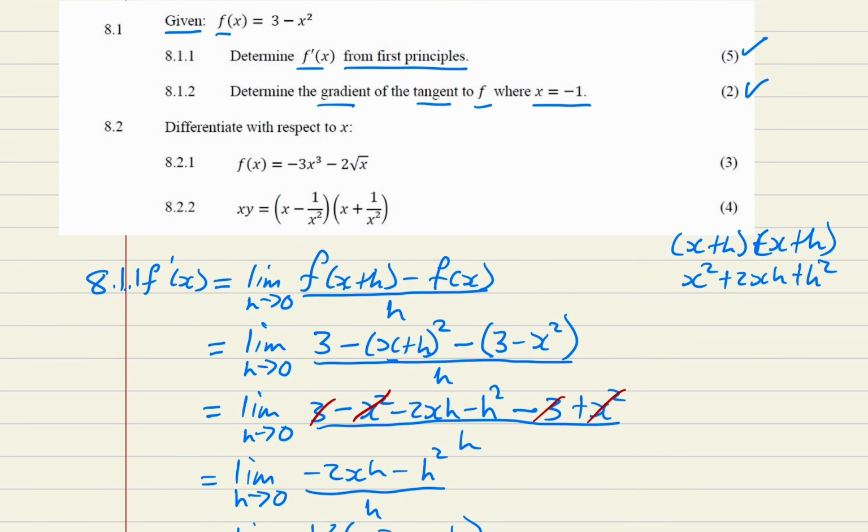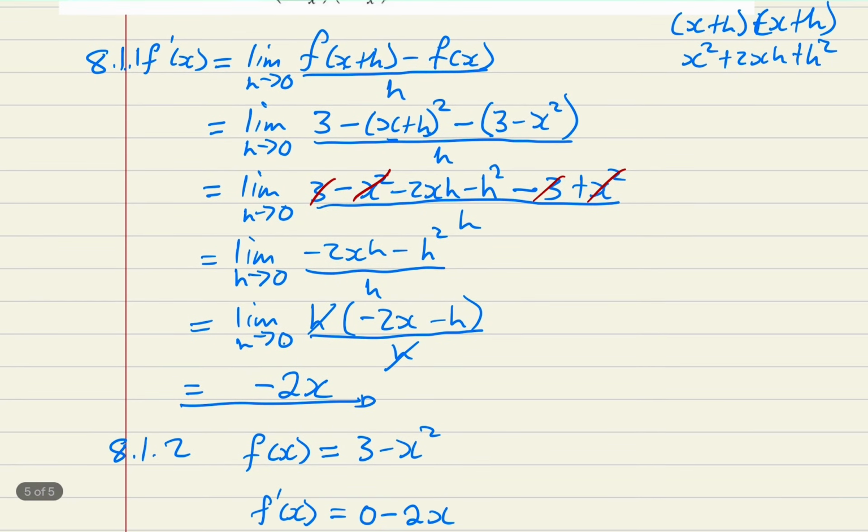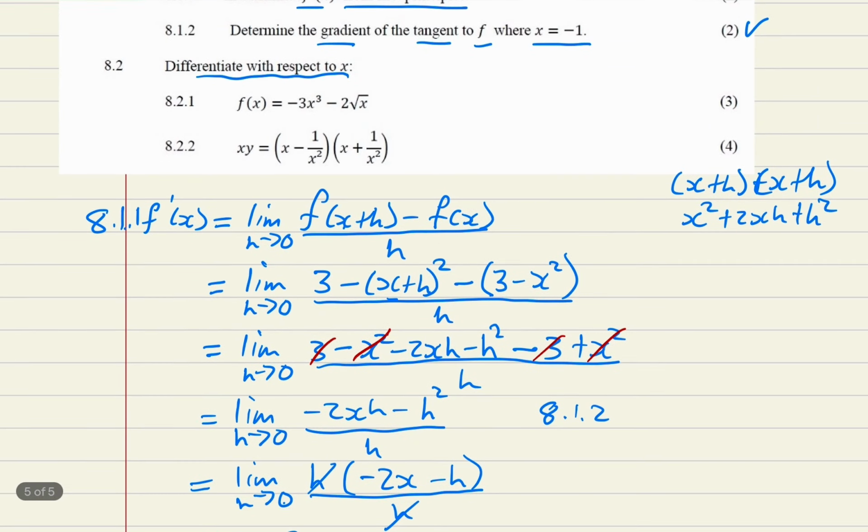Now we go for differentiation with respect to x. So now I'm in 8.2.1. So I have f of x is equal to negative 3x cubed minus 2 root x. We'll have to simplify and get rid of the radical sign.